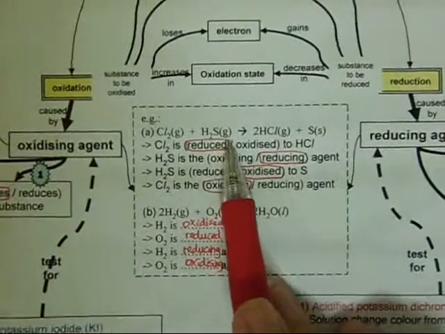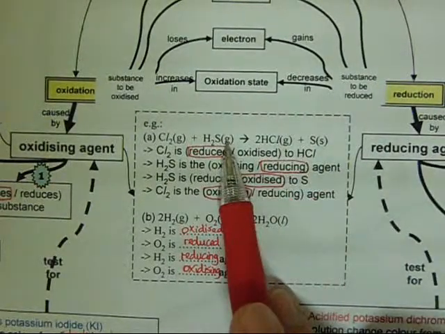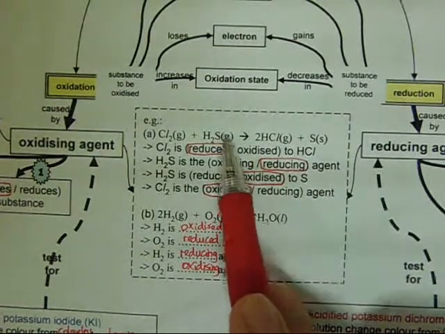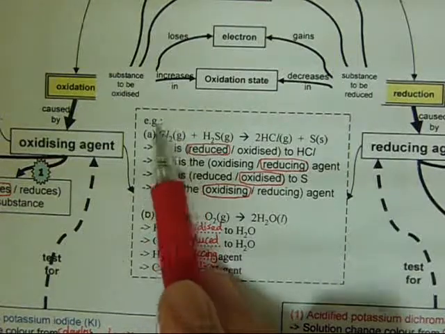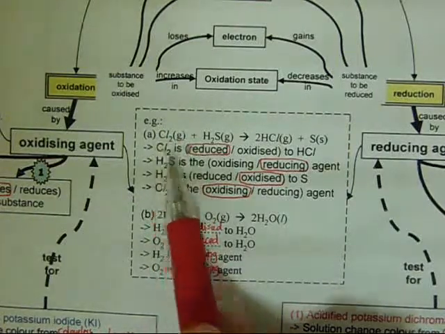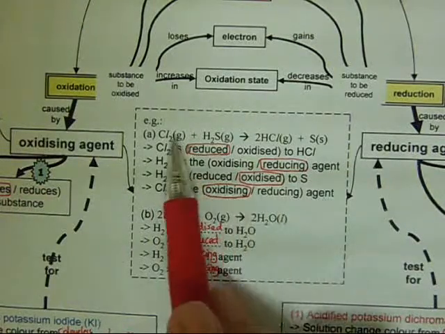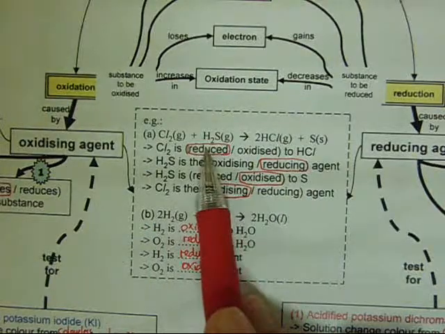Now, when H2S is oxidized to S, there must be something that oxidizes it. So the something that oxidizes it would be Cl2. Therefore, Cl2 is the oxidizing agent. So you can see that Cl2 is oxidizing agent and it itself gets reduced.